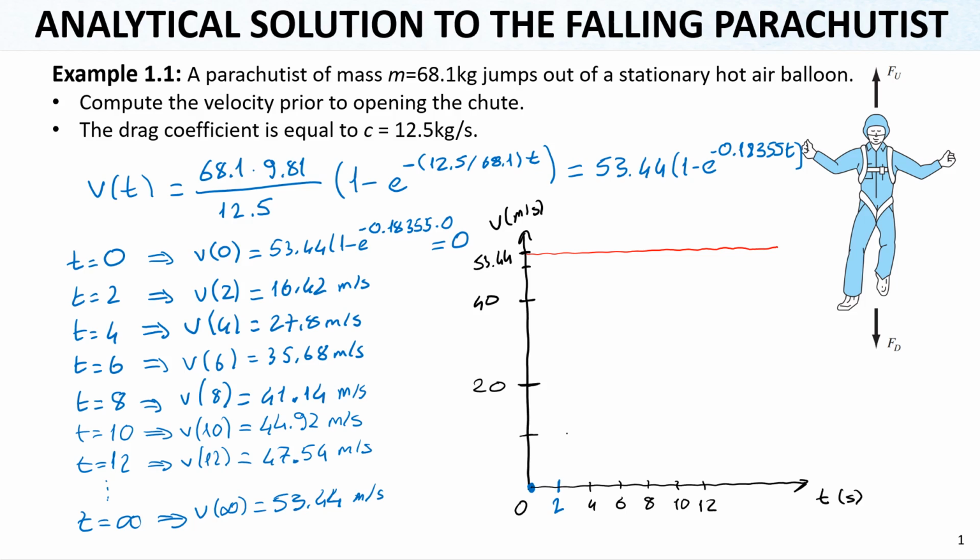For 2, the value is 16.42, somewhere here. So we have the first value. For time 4, it's 27.8, somewhere here maybe, or actually it's too much. It's below 30, so somewhere here, let's say.